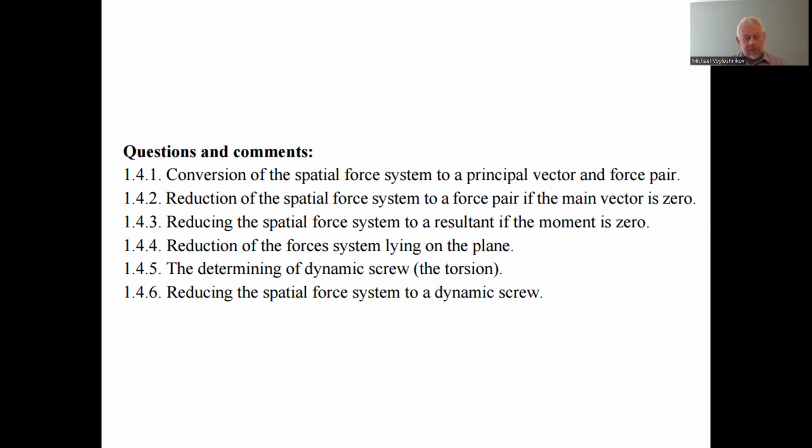Reduction of the special force system to a force pair if the main vector is 0. Yes, if only the moment acts on the mechanical system, so only this one moment is acting on the mechanical system. Reduction of the special force system to a resultant if the moment is 0.